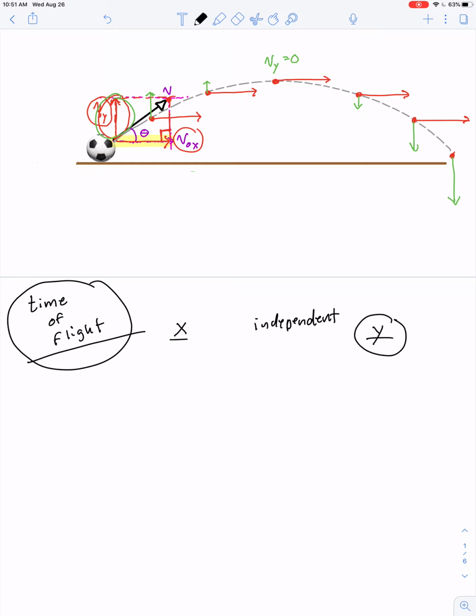Okay, so we know from the symmetry, we can divide the motion in half. For part of the time, it's rising, and for the other half of the flight, it's falling, and those two times are equal. So if I want to get the total time of flight, I can just multiply 2 times the time that it takes to fall.